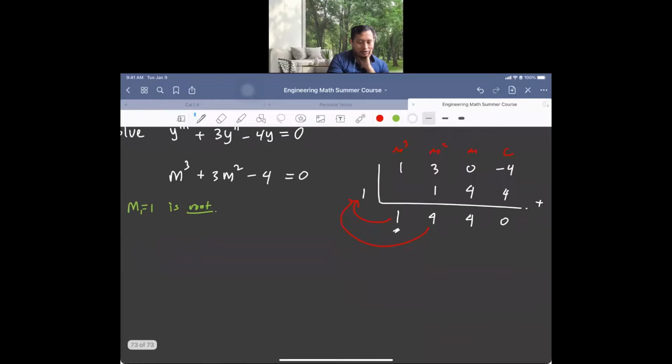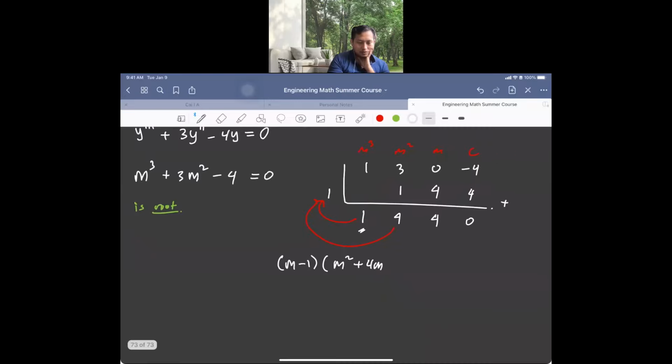Now you have the structure becomes m minus 1 times m squared plus 4m plus 4. This is the factors.